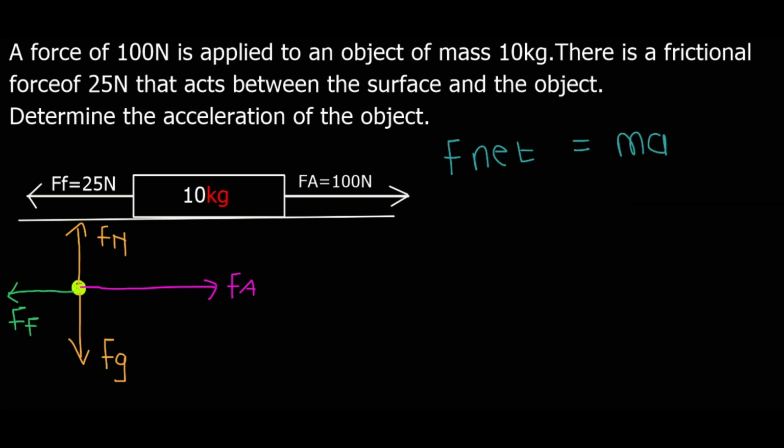F net in physics is the total force. But based on Newton's second law, F net is the vector sum of all forces acting parallel to the direction of motion.